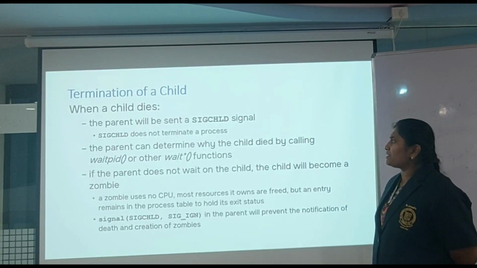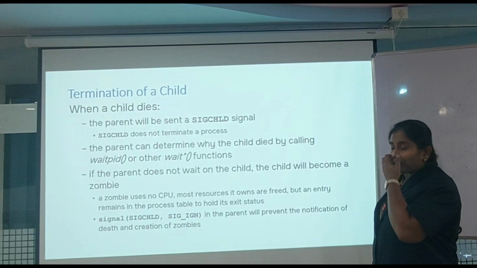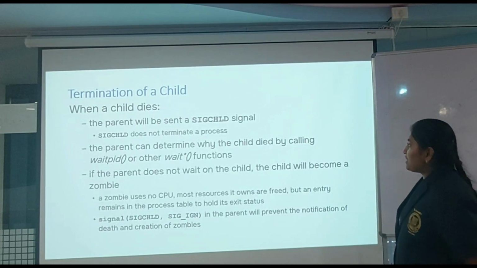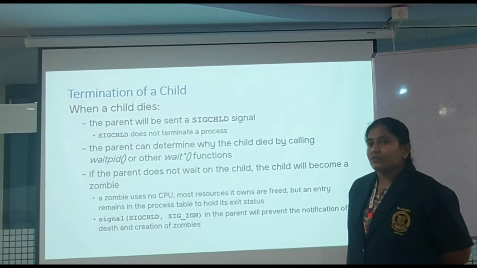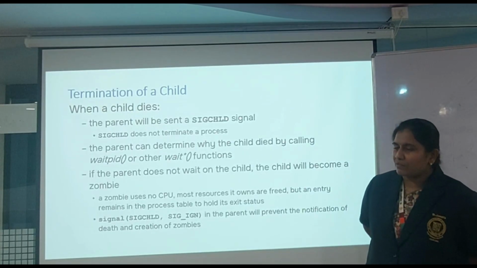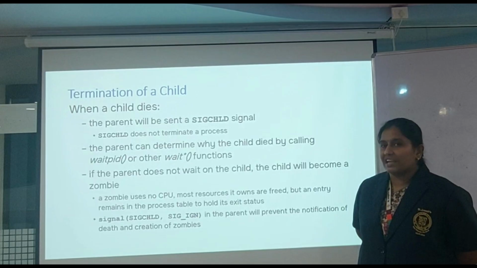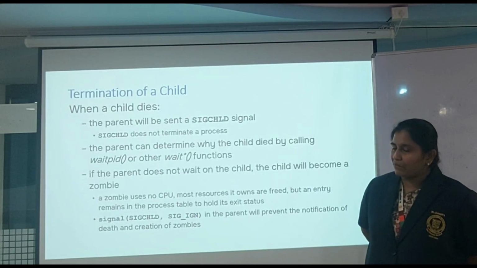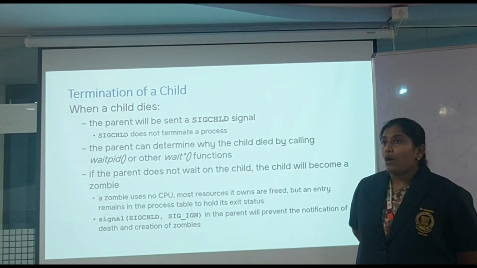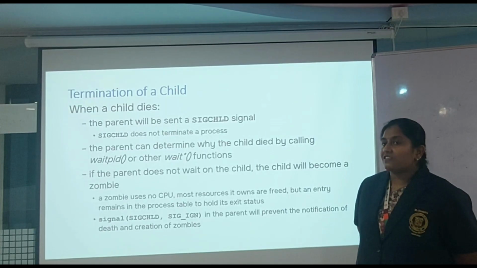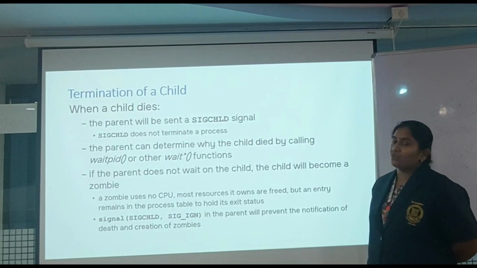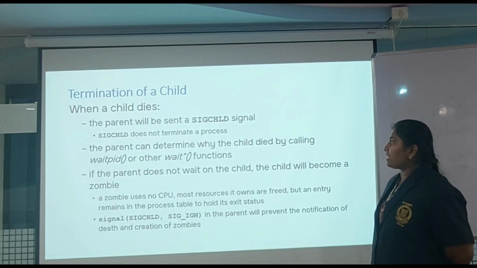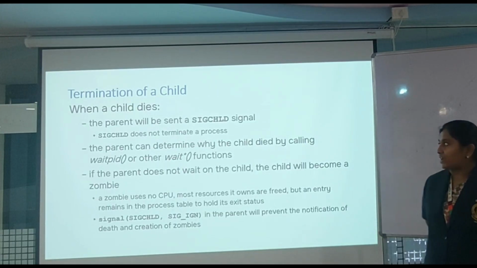The parent will be sent a SIGCHLD when a process dies. And what should the parent do? Suppose there are two processes, process A and process B. Process B is the child process, process A is the parent process. If process B dies, the child process dies, it sends a SIGCHLD to the parent.